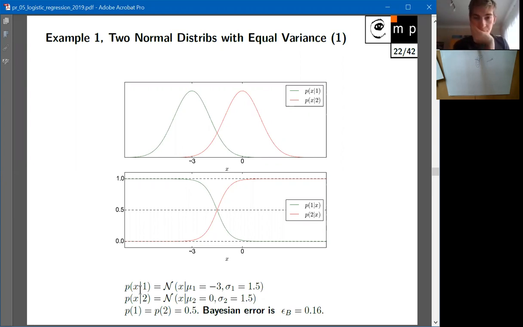They have the same sigma, different means, exactly the model that we discussed. For this case, the Bayesian error is 16%, which means the best classifier, which happens to cut these two curves at minus 1.5, will have the error in this triangular area, and this will be 16%.